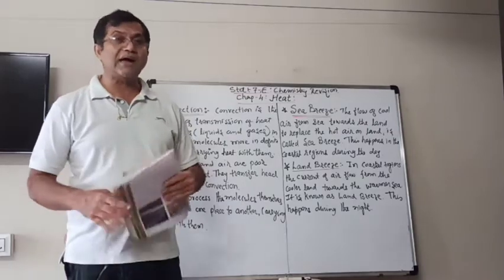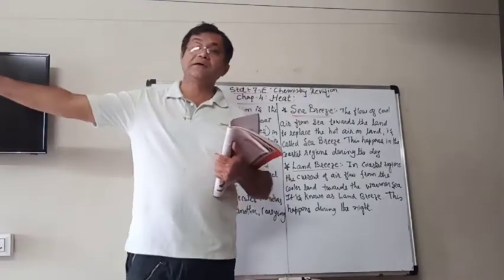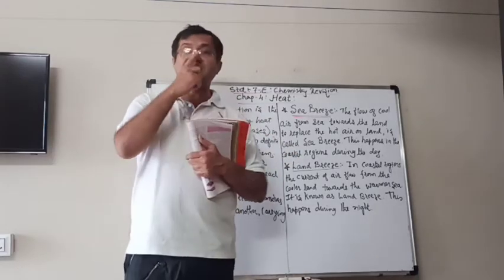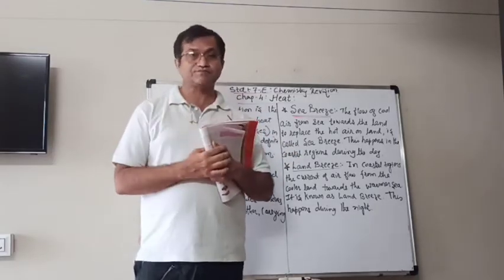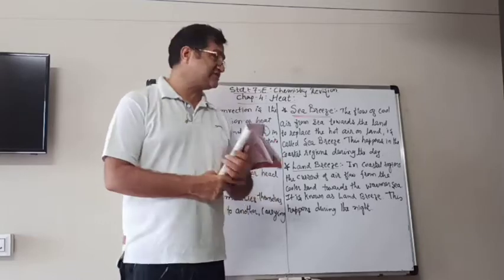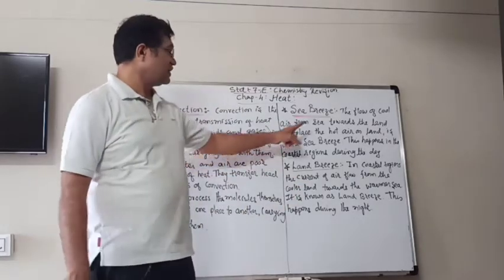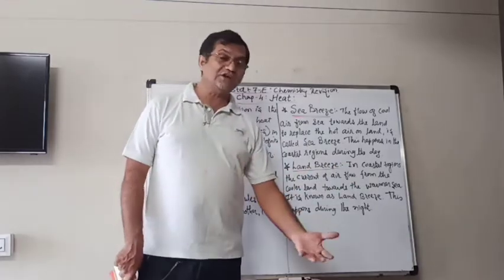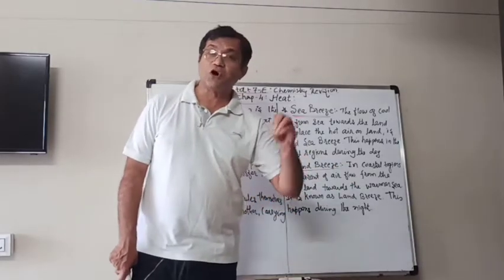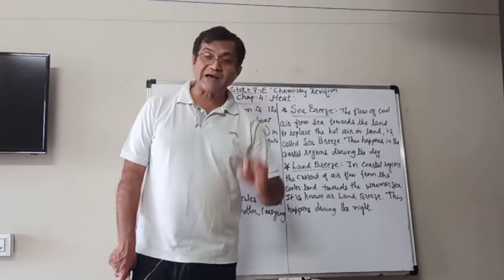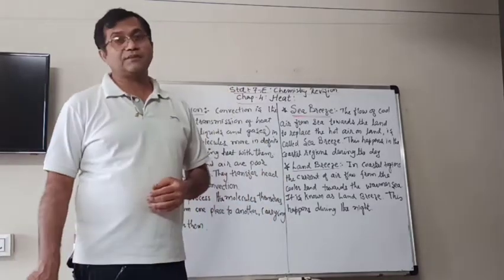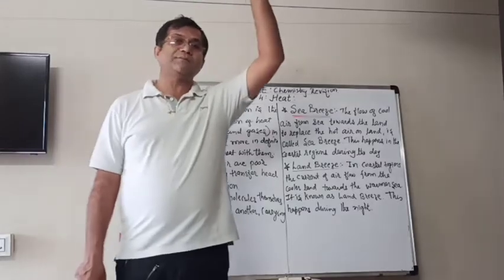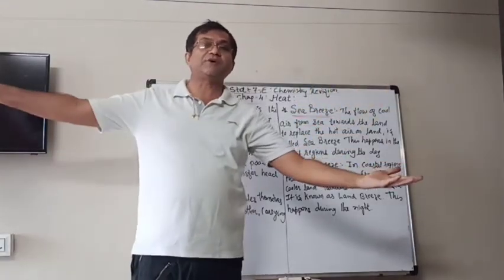So the cold air from the sea flows towards the land during the daytime, and that is known as sea breeze. See, the flow of cool air from the sea. Why? Because the land gets hot faster than the water, and therefore the air here becomes hot and goes up, and there will be a difference of pressure.